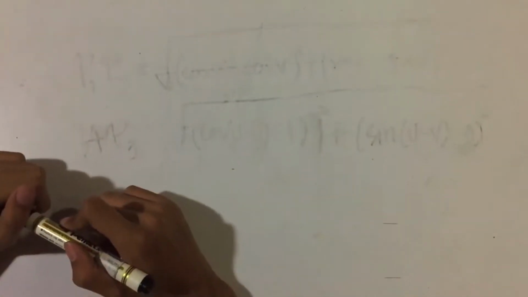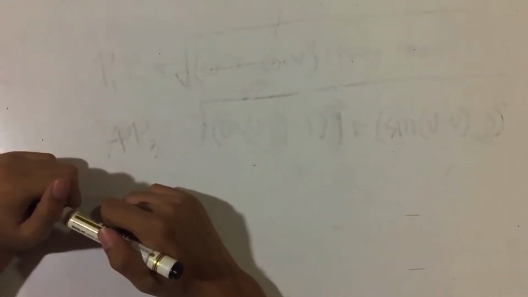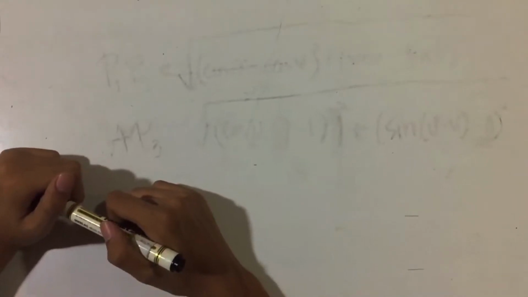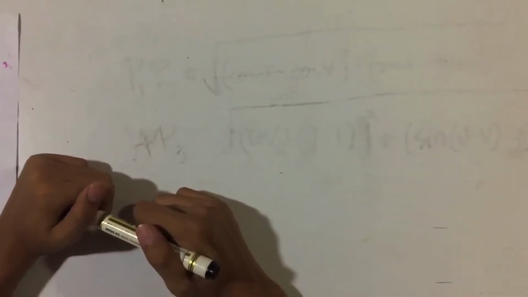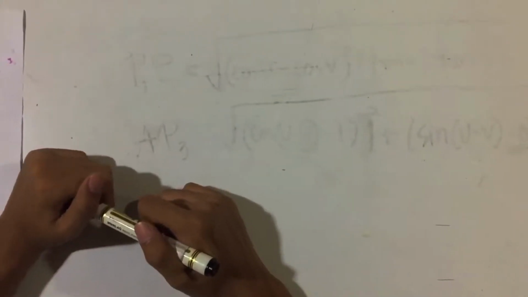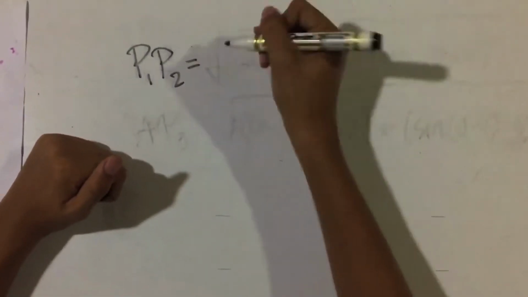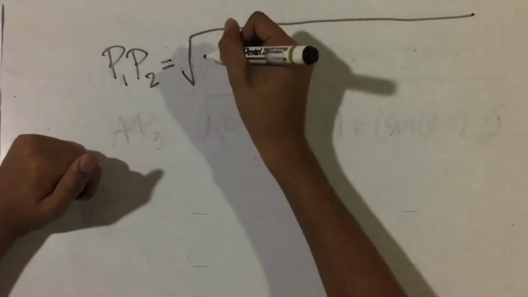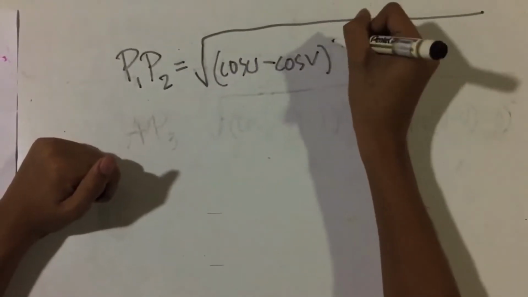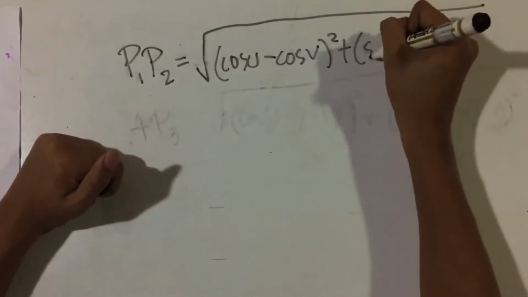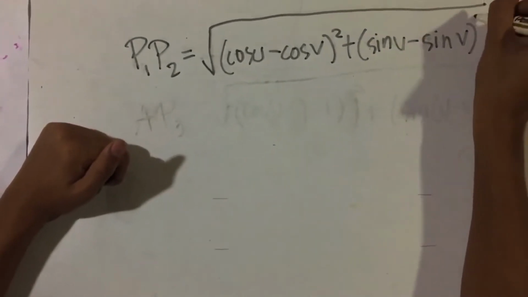Using the distance formula, which is equal to the square root of x sub 1 minus x sub 2 quantity squared plus y sub 1 minus y sub 2 quantity squared, and by substituting the values, we can now get the distance from point 1 to point 2 and from point A to point 3. So, point 1 to point 2 is equal to the square root of cosine u minus cosine v quantity squared plus the sine of u minus sine of v quantity squared.